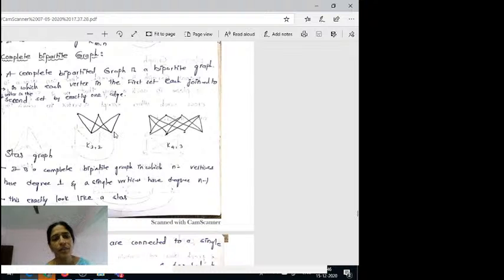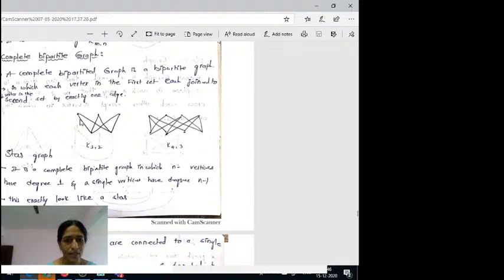That means from here to here an edge is formed, from here to here an edge is formed. Suppose there is no edge from here to here, this is not called a complete bipartite graph. When we say this is a complete bipartite graph, it means one vertex is adjacent to all other vertices in the other set of vertices.